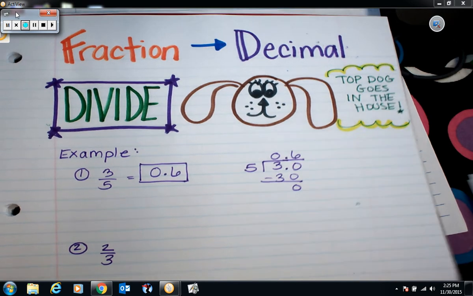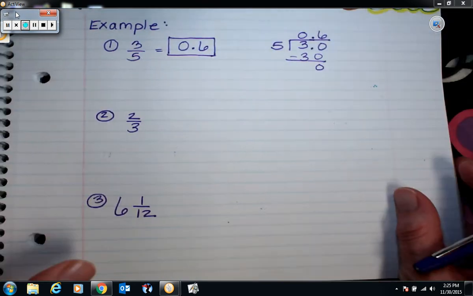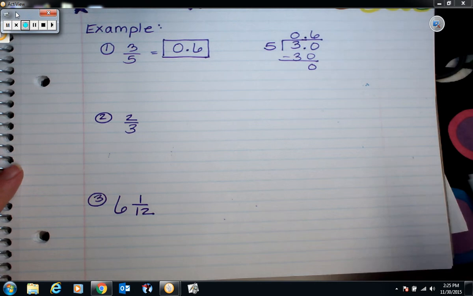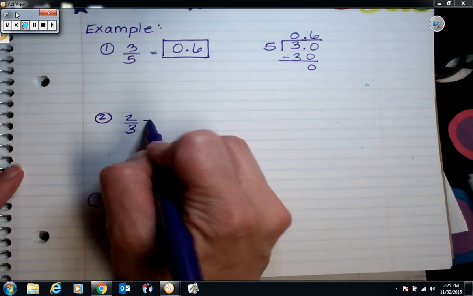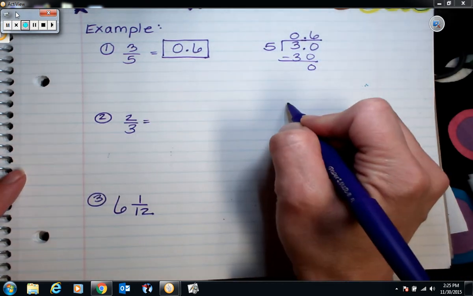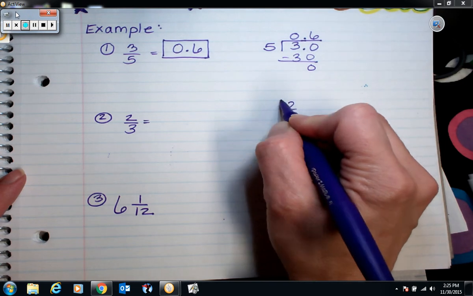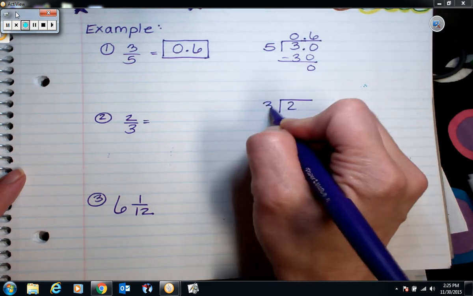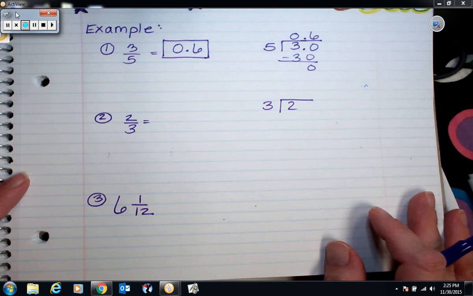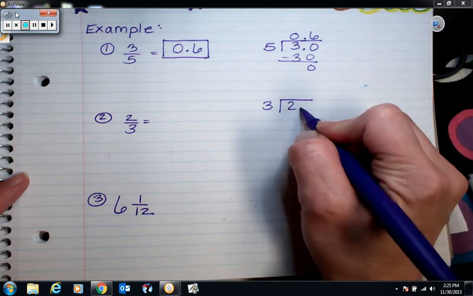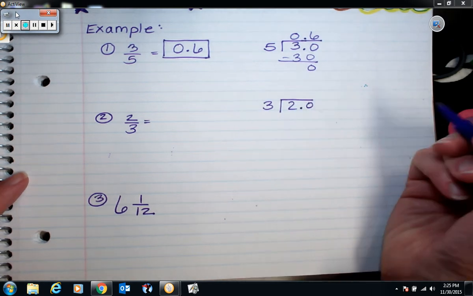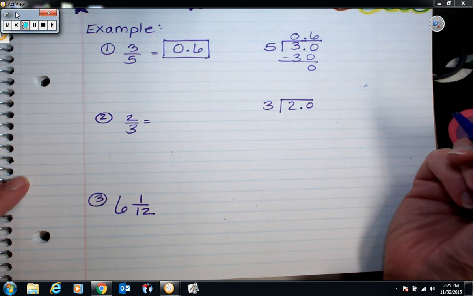So let's try a couple of these. We have to remember our dividing with decimals rules when we do this. Okay, so 2/3, I'm going to put 2 inside the house and divide it by 3. 3 doesn't go into 2, so I need to add a decimal and a 0. Now I haven't changed the value of my dividend.